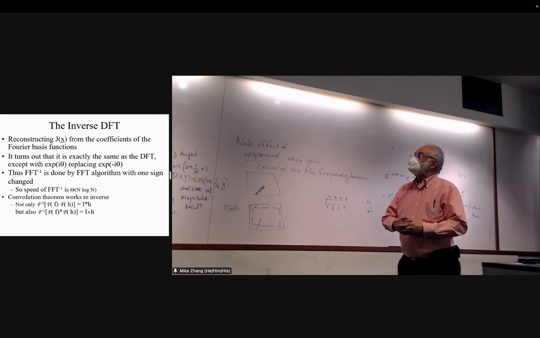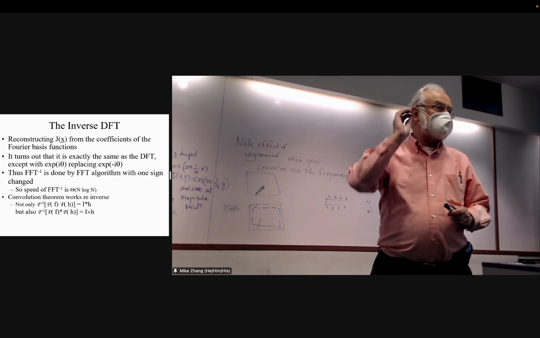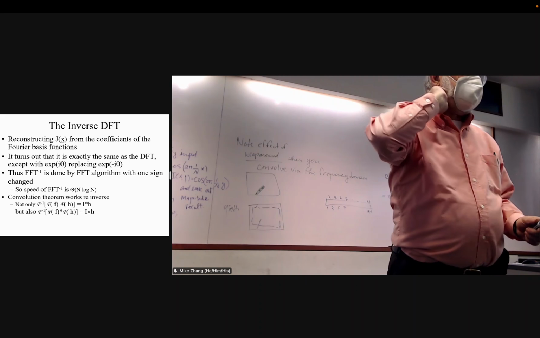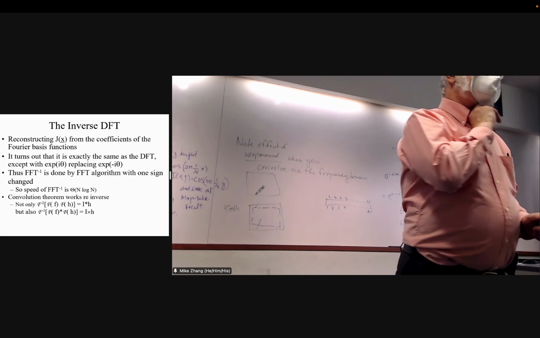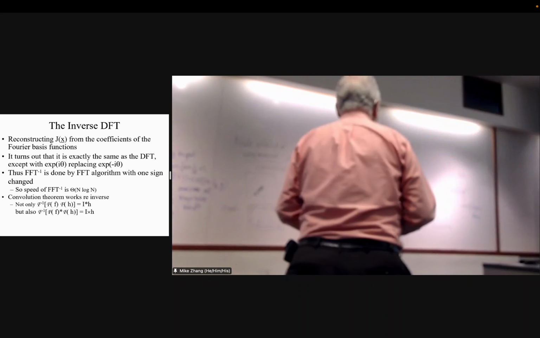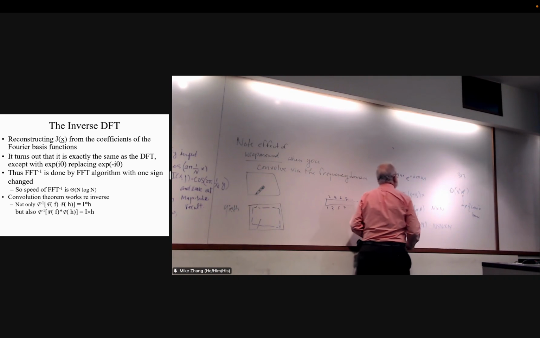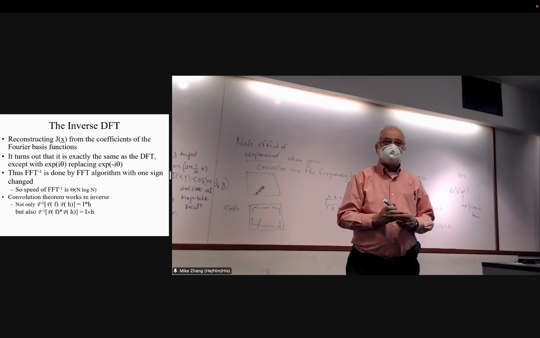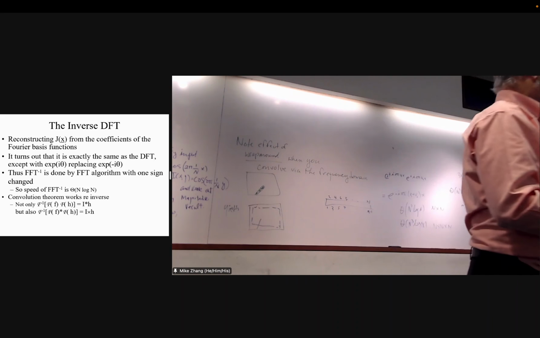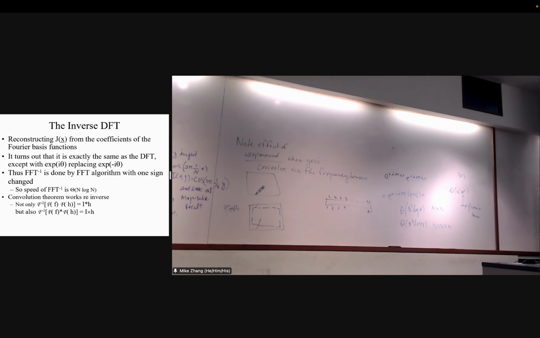The next thing is the inverse DFT. I've already told you this, but this makes it explicit. The inverse DFT is the same as the Fourier DFT, except that all the signs on the exponentials are plus rather than minus. And that turns out to be essentially the same divide and conquer algorithm with one place in the program using pluses instead of minuses.